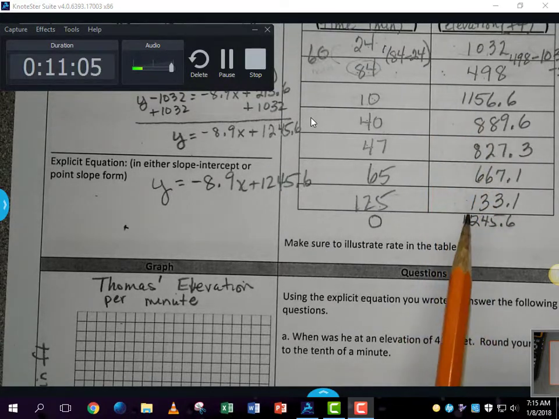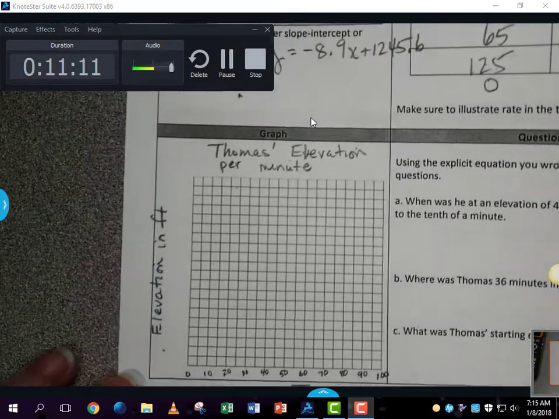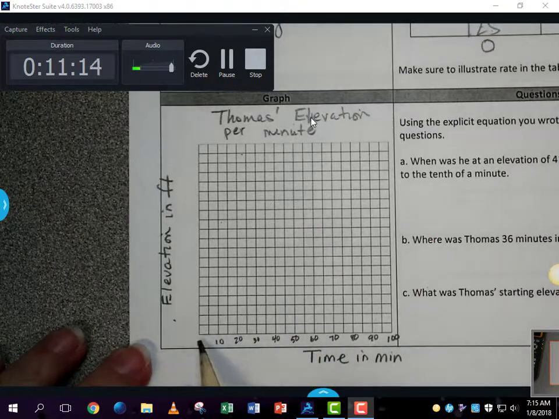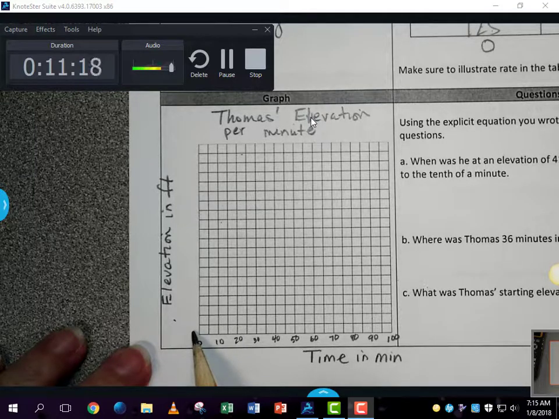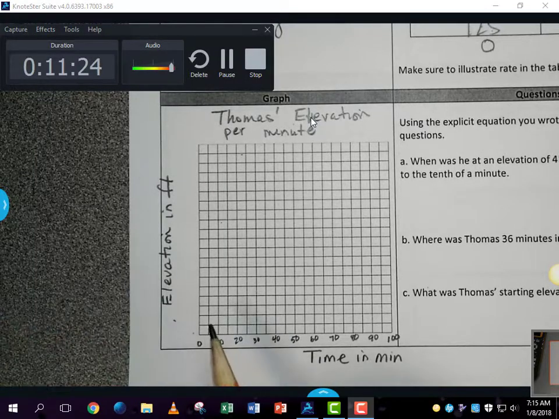So I need to be able to go from 1,245.6 to 498. But I do need to be careful because I am starting at 0. So do I want to start at 0 for the feet and elevation, or do I want to start closer to 498? It's really your choice. I'm going to go ahead and start at 0.